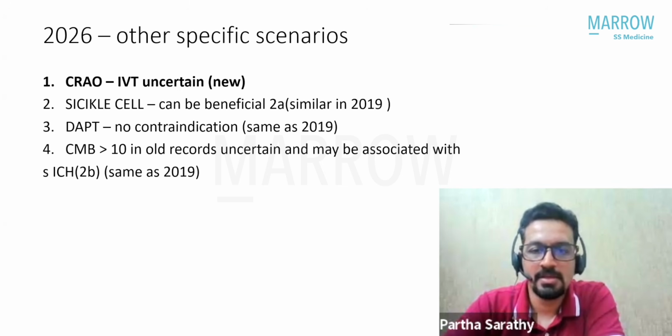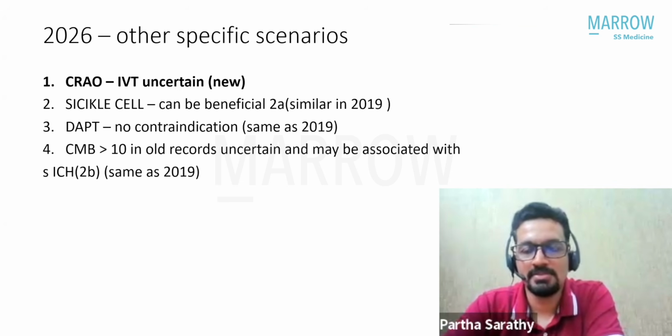But the issue is that by the time you measure the number of microbleeds, more time is getting wasted. And especially in the night, the radiologist will not tell you how many numbers are there. He'll just tell you there are some microbleeds.